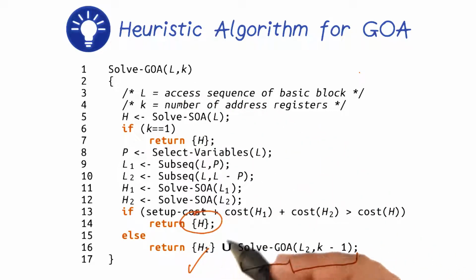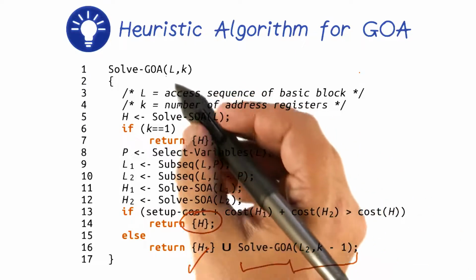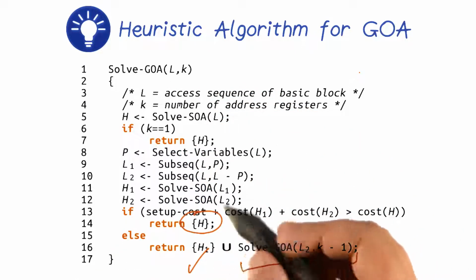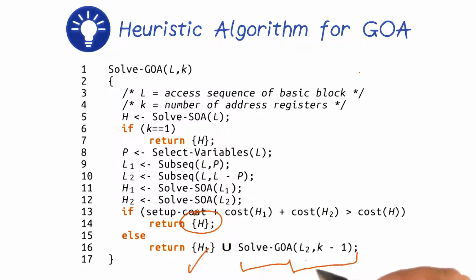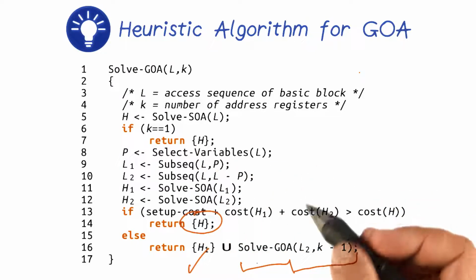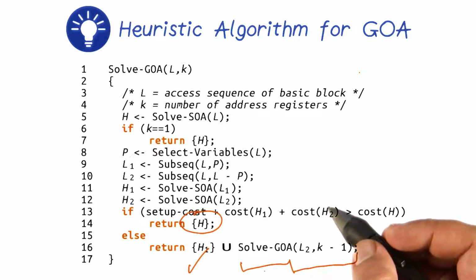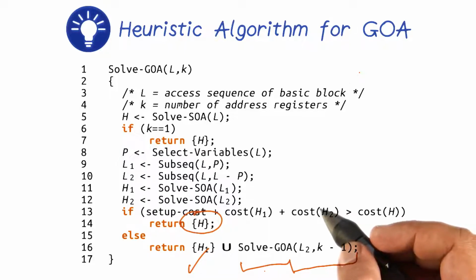We'll take the first one that is found here, and take the remaining one and try to solve it using k-1 registers. It will go back here, repeat this process, return the next best access sequence for the remaining variables, divide this further, and keep doing this until it has tried to use all k registers to cover these different variables.